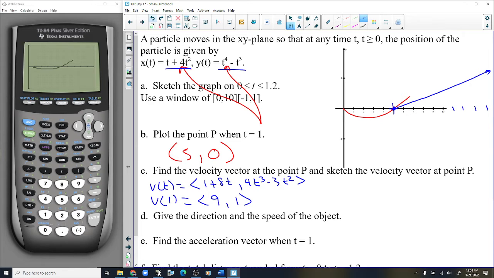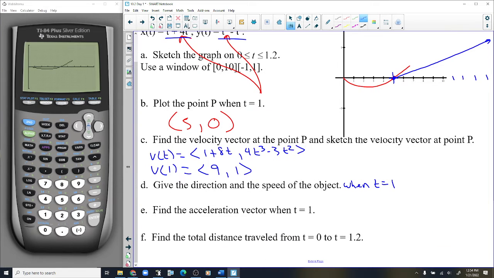Give the direction and speed of the object when t is equal to 1. So we'll have to add that in there. Give the direction, and how about speed? Let's go with speed. Speed is equal to the magnitude of the velocity vector. So 81 plus 1, we're doing the Pythagorean theorem on that vector right there.